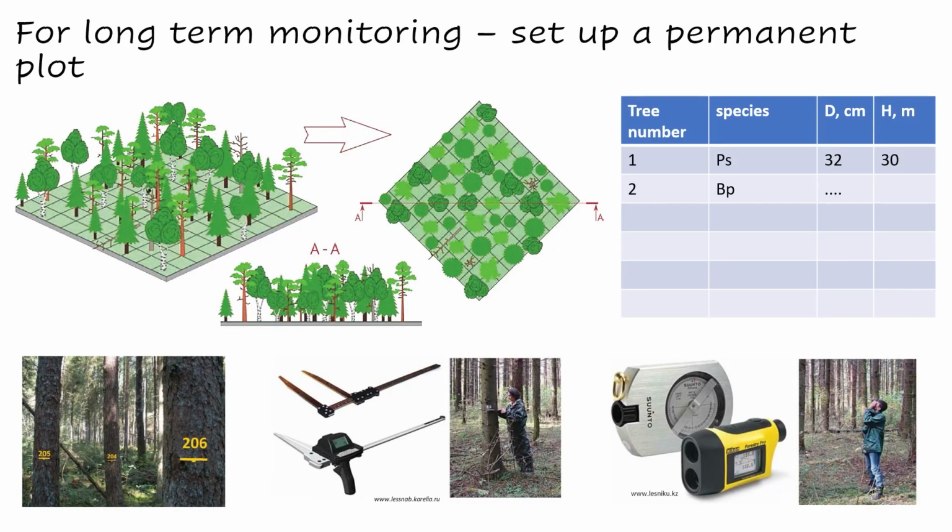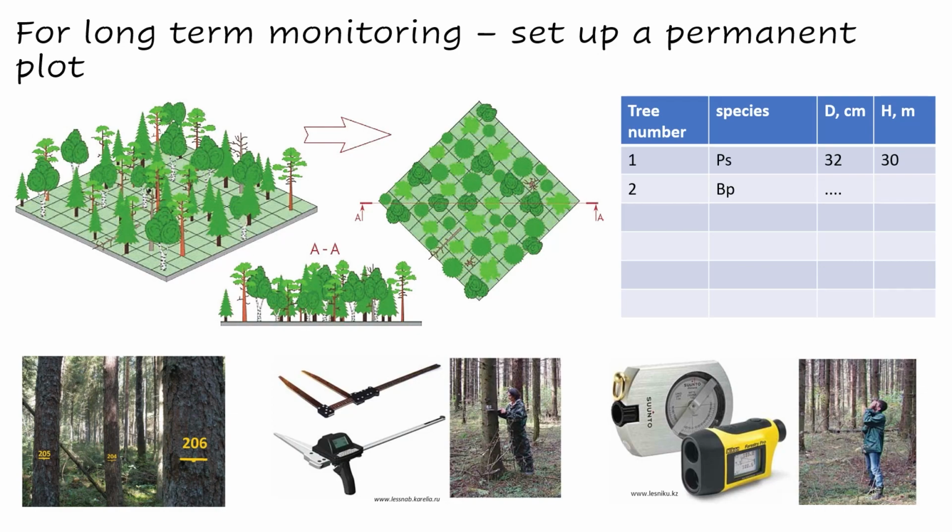If you are dealing with long-term monitoring, you have to set up a permanent plot. It also could be 200 square meters, but in reality for the forested sites, we prefer larger. We prefer 400 square meters.